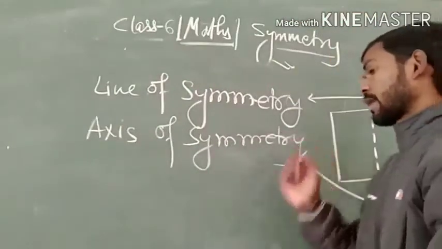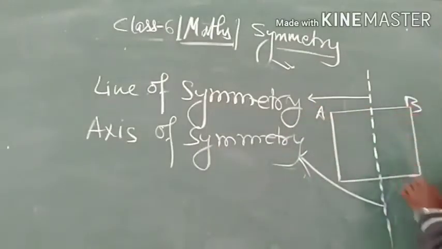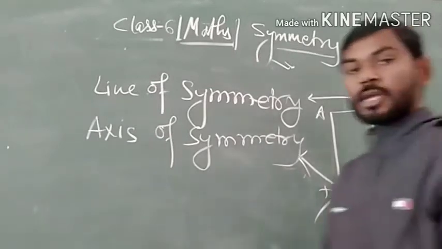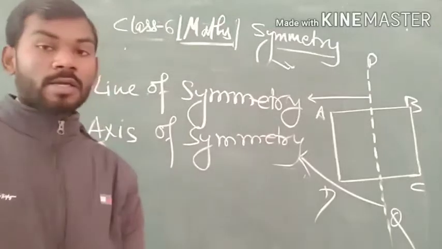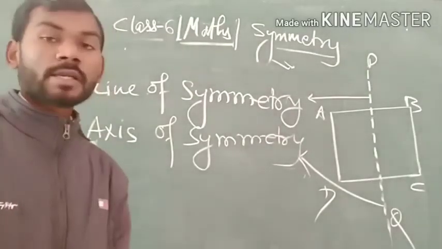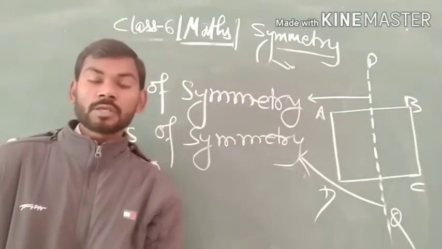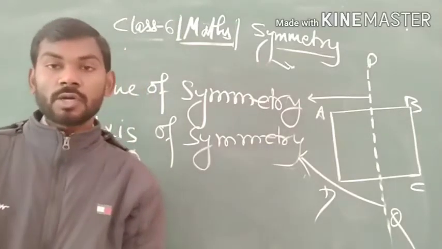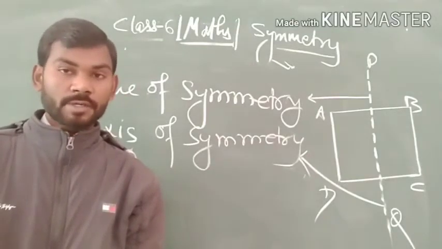So here we say that the square ABCD is symmetrical about the line PQ, so that the line PQ is called the line of symmetry or axis of symmetry.